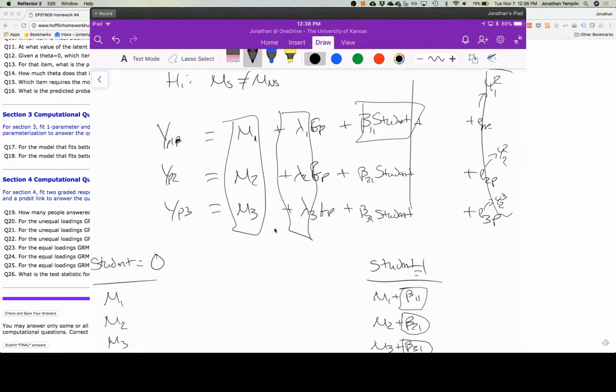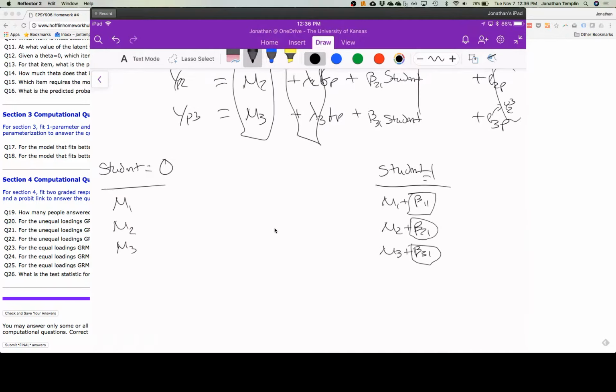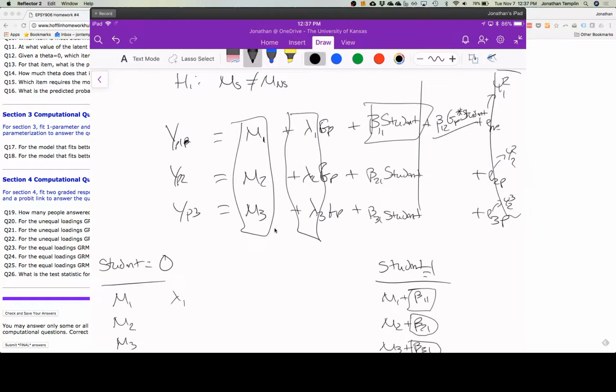In the factor loading, beta 1, 2 times the factor times student. It's an interaction right here. And you see what's going to happen for that interaction is that when student equals 0, we have, for instance, a factor loading. I'll just do it for item 1 here, but you can get the sense for the rest.